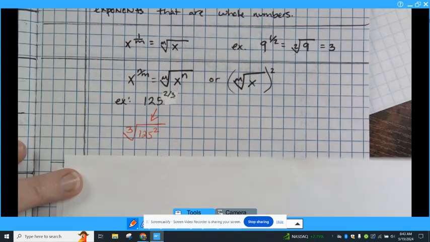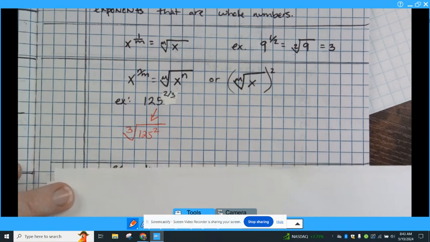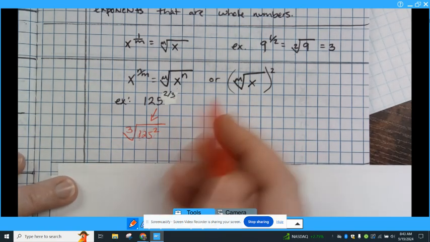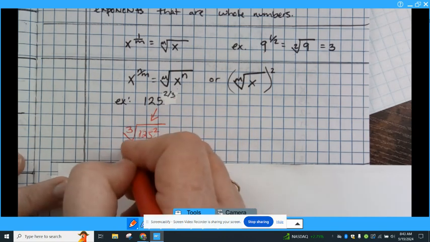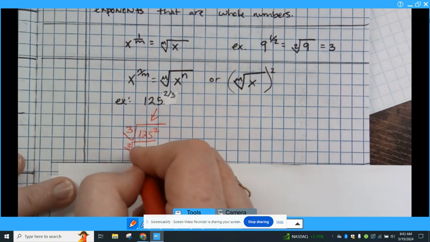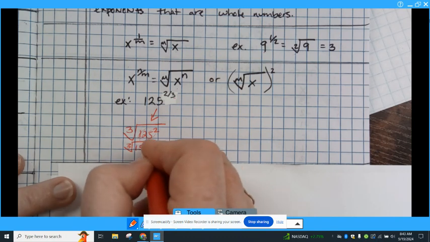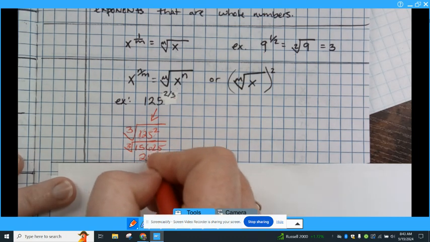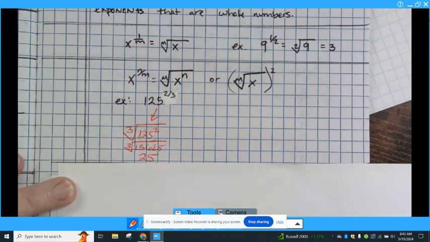Using a handy dandy calculator, because I'm not doing this in my head, what's 125 squared? That gives me the third root of 15,625. Then I ask, what's the third root of 15,625? And my calculator would give me 25.